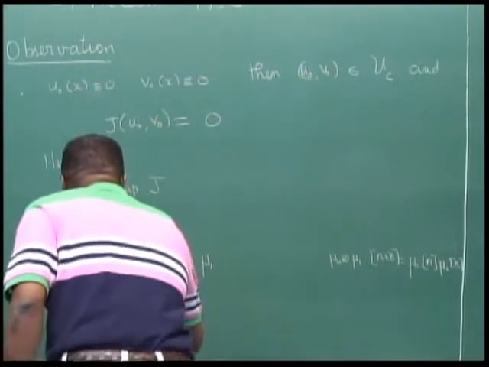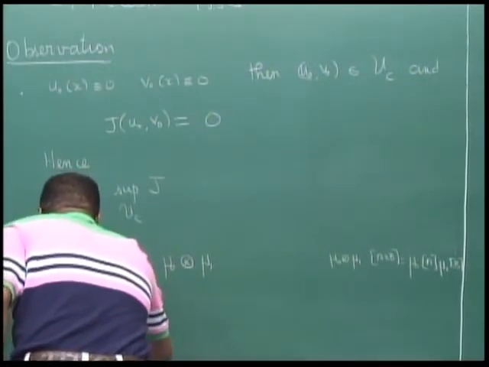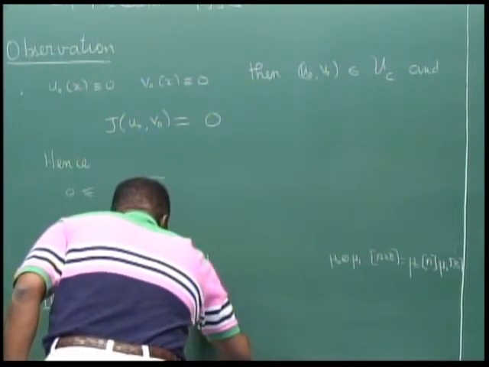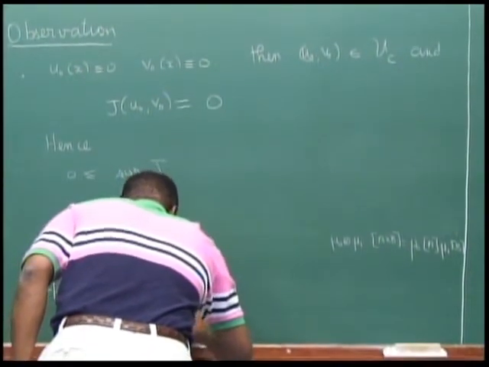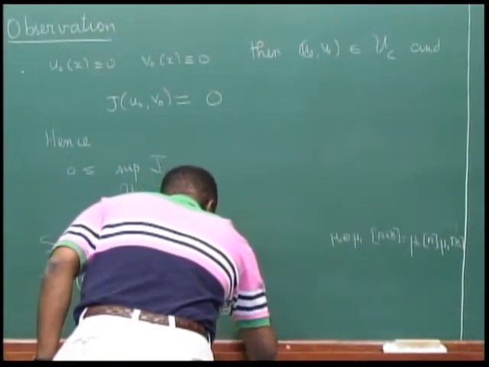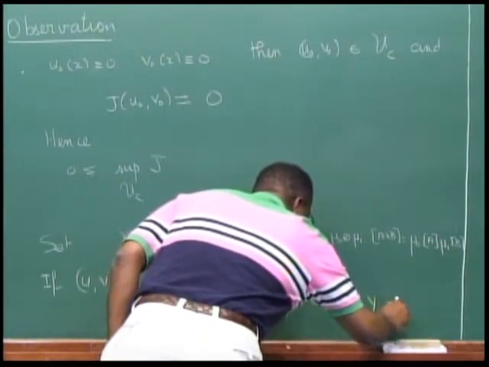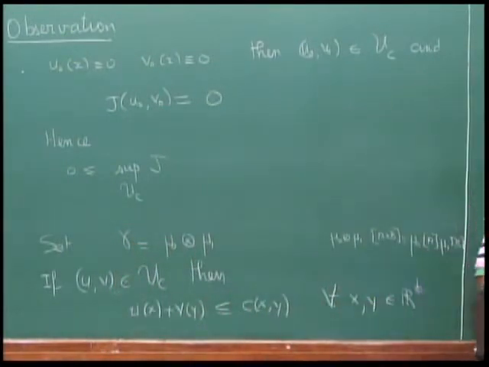So I have that if U, V belong to UC, then U of x plus V of y is less than C of xy for every x, y in Rd. I am going to integrate.